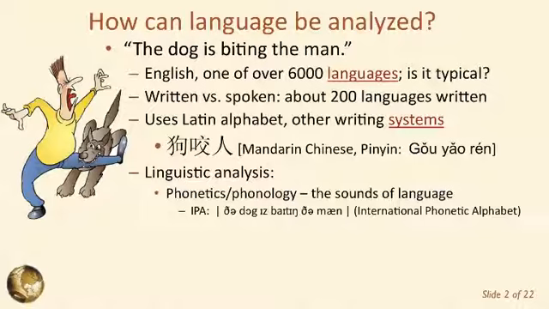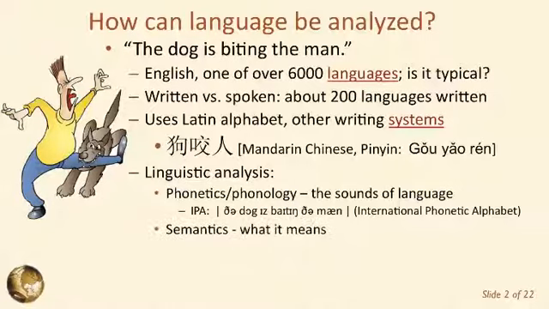One of the essential tools in phonetics and phonology is something called the International Phonetic Alphabet. And you see our sentence represented there, the dog is biting the man. Looks quite different in IPA, in the International Phonetic Alphabet.